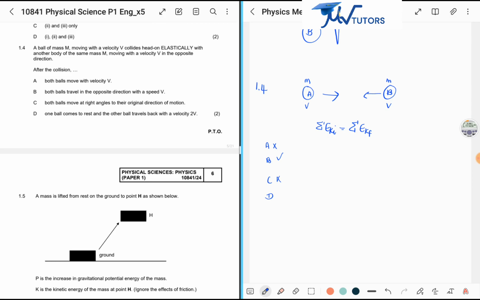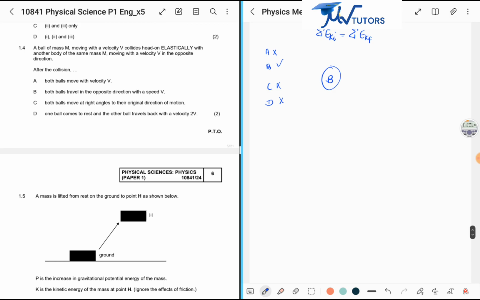So it just takes away. No, because they are the same mass, no. If maybe it was different masses, yeah, but in this case, one could come to rest and the other could travel back, but I doubt it would be at the same velocity. So our answer would be option B.